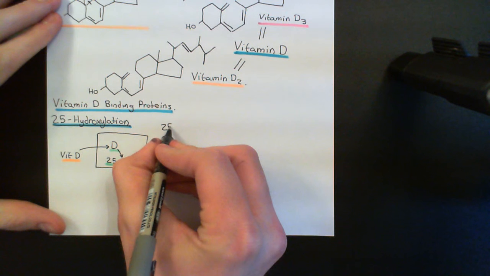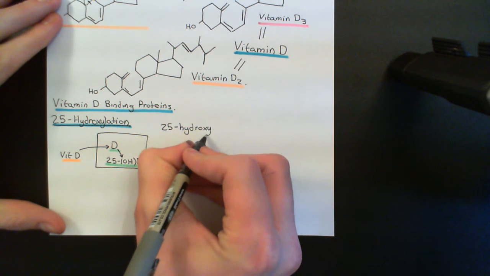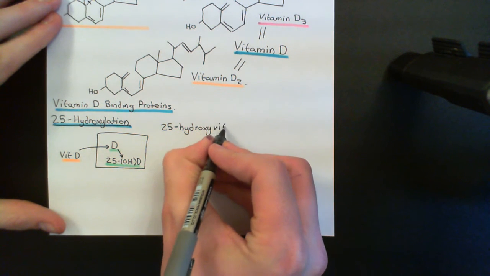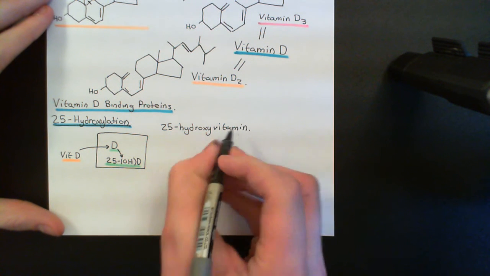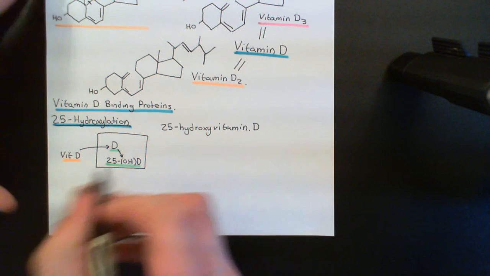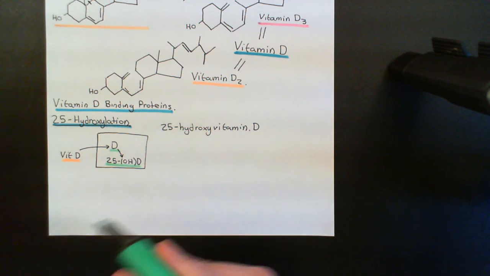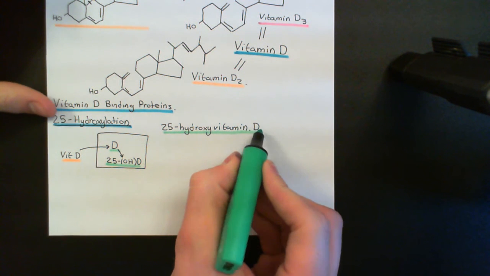So in full, 25-hydroxy vitamin D is what this stands for. And of course, again, you can have 25-hydroxy vitamin D2 and 25-hydroxy vitamin D3. This covers both of them. So 25-hydroxy vitamin D is this umbrella term for both 25-hydroxy vitamin D2 and 25-hydroxy vitamin D3.